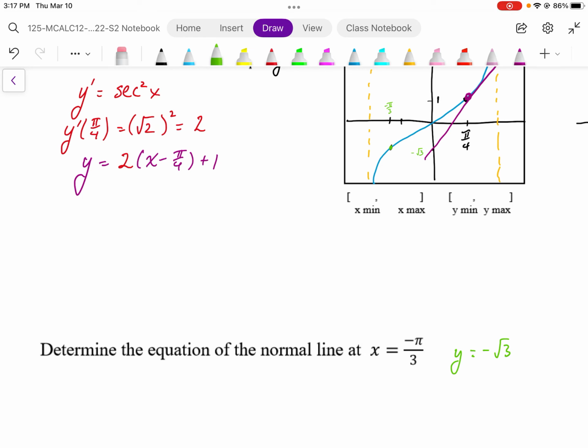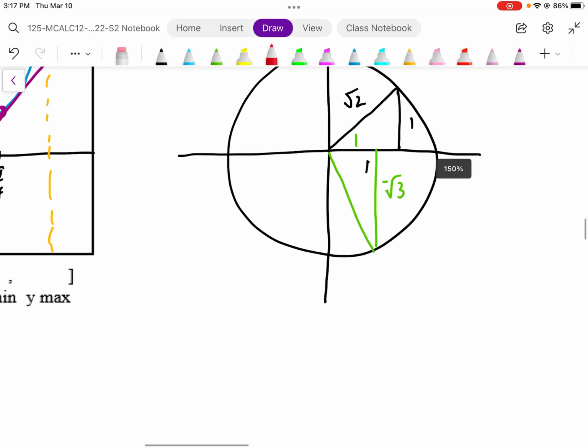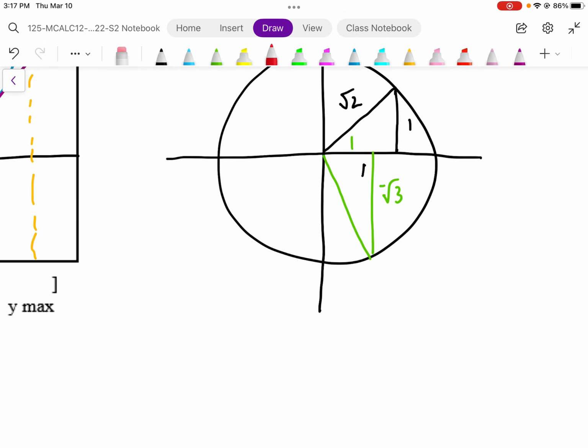First of all, I'm going to use my derivative to calculate the slope at negative pi over 3. The secant value at negative pi over 3: this is going to be 1 to root 3 like this. There's my triangle.